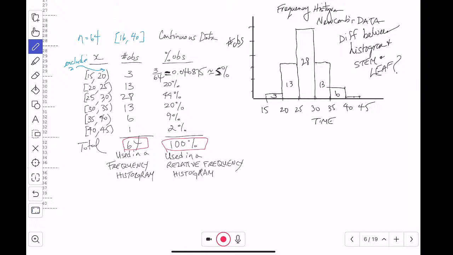What's the difference between the histogram and the stem and leaf?